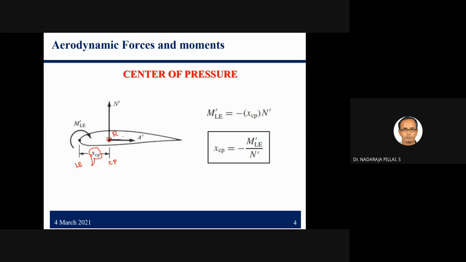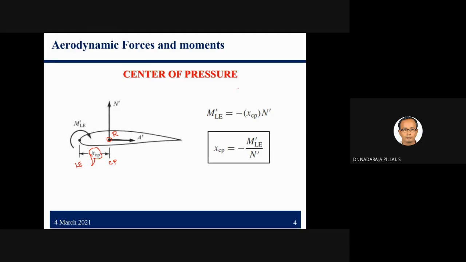Okay, what is the center of pressure? The resultant of all the forces due to pressure and the shear stress is called the center of pressure, right? So the resultant force, because of the distributed pressure force and the shear force, acts at the center of pressure. So the definition of center of pressure is clear, right?